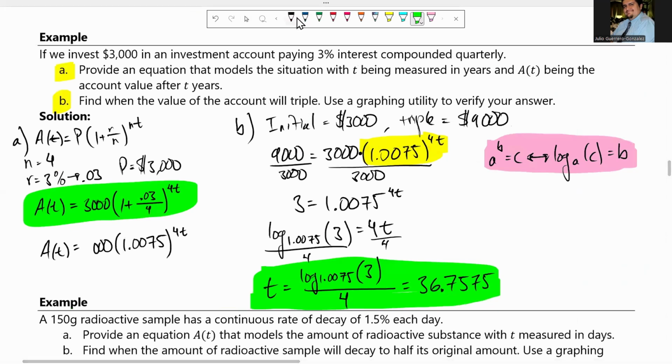Okay. So now, remember what we were doing, right? We were trying to find when the account will triple, right? The t that we're plugging in is equal to years, right? And A of t was equal to the investment amount, right?